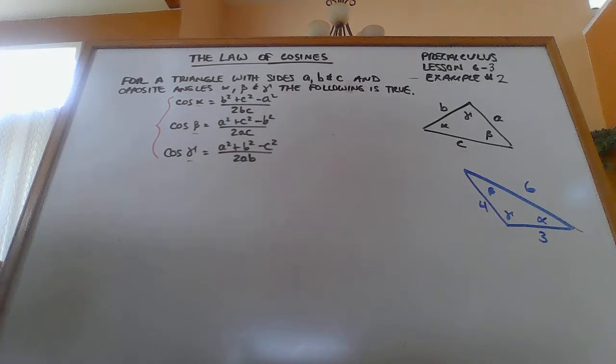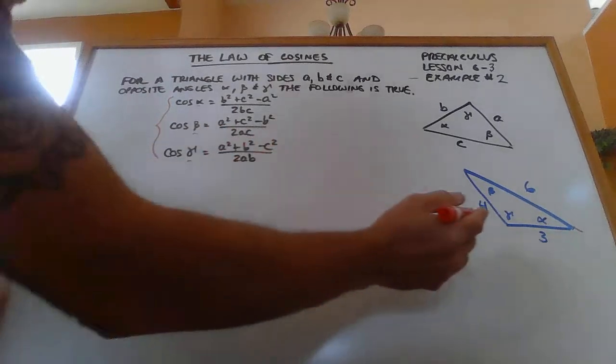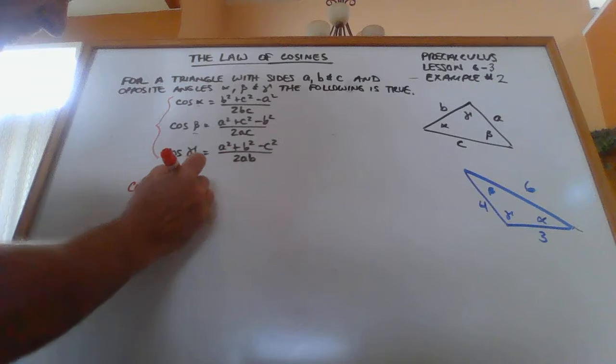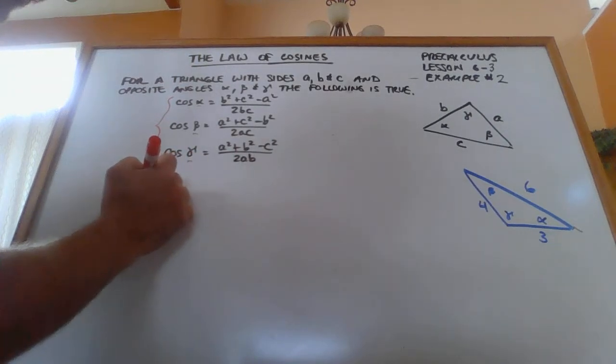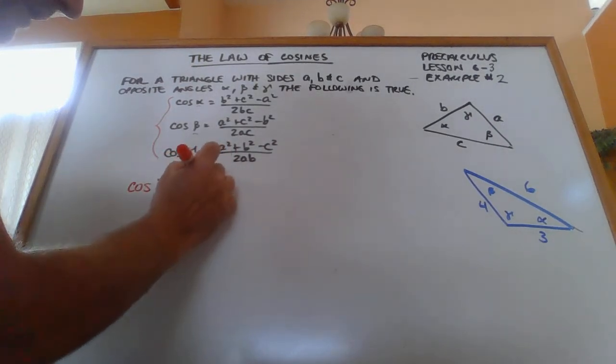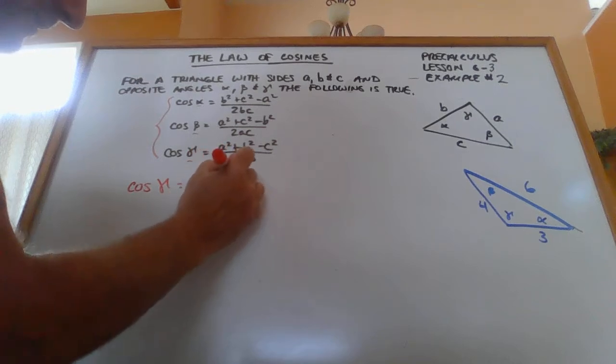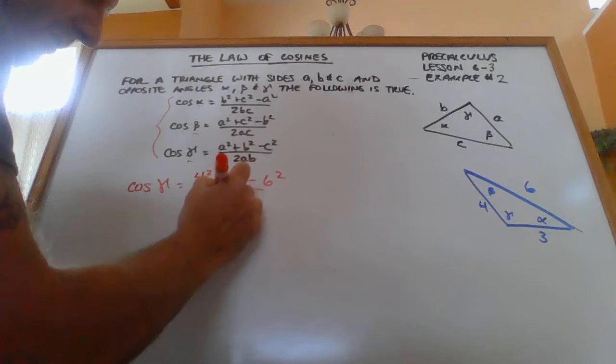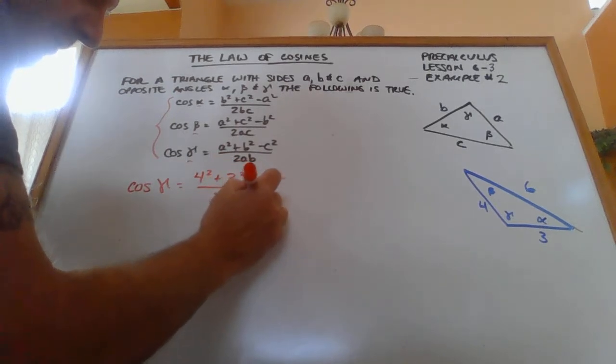So on this one, I'm going to use this bottom formula here because I'm going to find gamma first. So cosine gamma is going to equal a squared plus b squared minus c squared all over 2 times a times b.